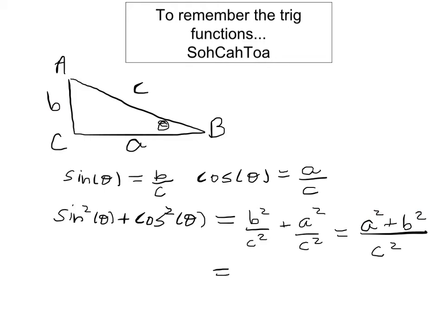So this is equal to c squared over c squared, which is equal to 1. And that, my friends, is a big deal. And it turns out that it's always true. Sine squared plus cos squared will always equal 1, regardless of what theta is equal to. Very big deal.